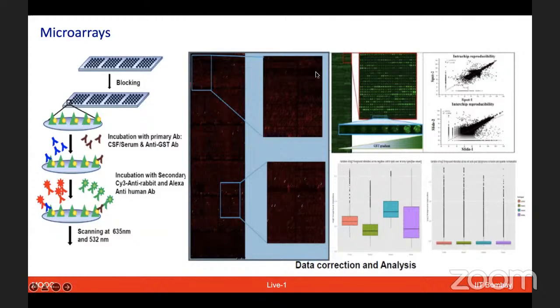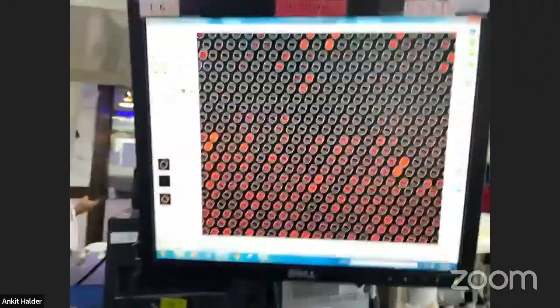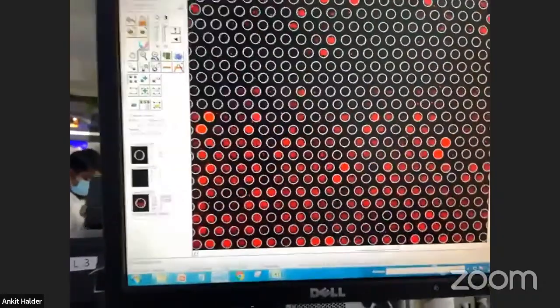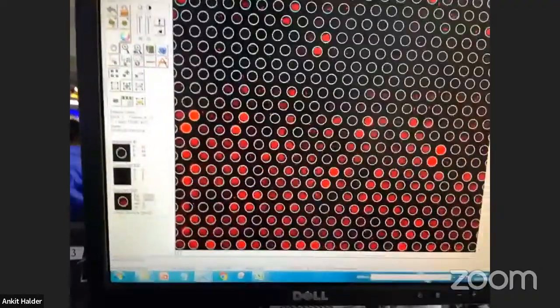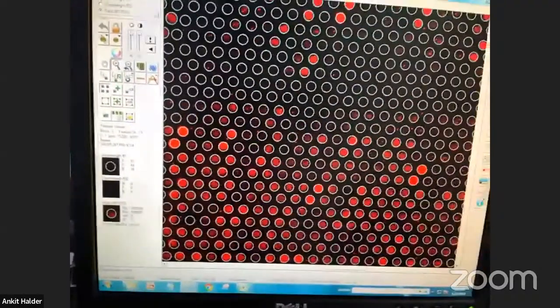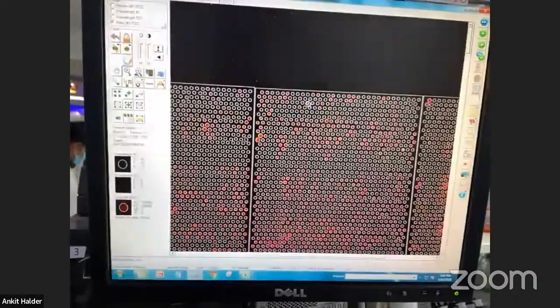Now I think you can see on the screen one of the microarray slides, where you can see these are very high density arrays, and the chips have thousands of proteins printed. In the case of human protein arrays, we had almost 19,000 human proteins printed in duplicate.